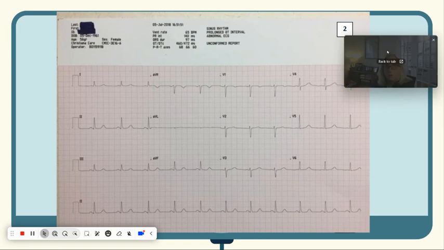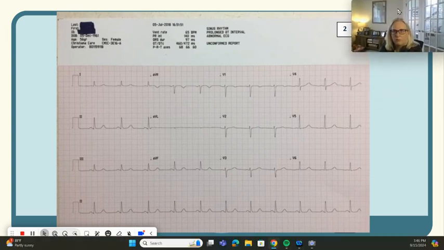All right, so here's number 2. For number 2, same thing on your worksheet, okay? Looking at leads 1, 2, 3, AVR, AVL, and AVF, which one is the tallest QRS of those 6? Take 30 seconds and figure that out. You can circle it on your paper if you'd like, on your note sheet.